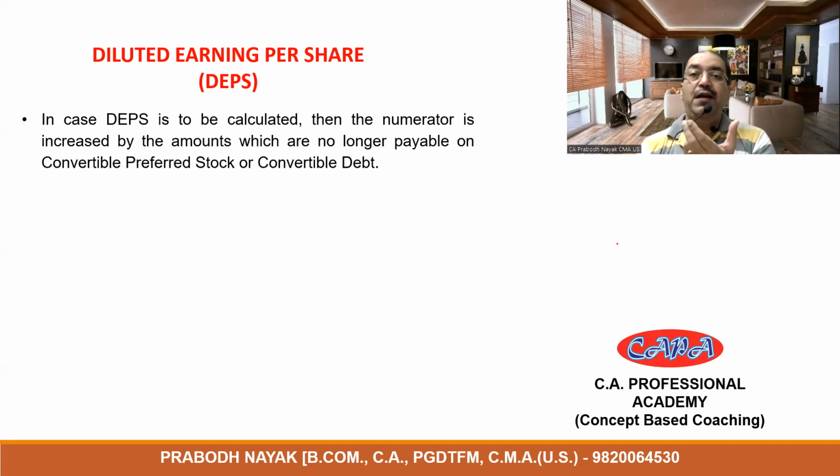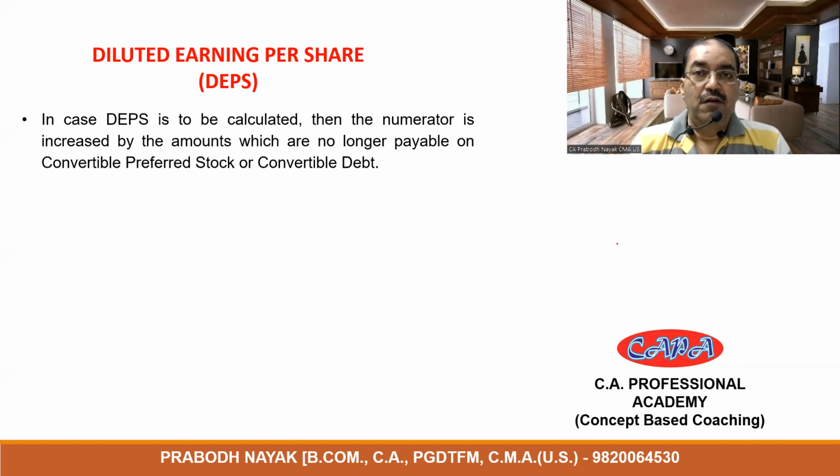So the denominator of that formula for basic EPS that we are calculating increases. Now you must have learned in ratios that when the denominator increases, the ratio decreases. But at the same time, the numerator also increases because I'm converting a bond into common stock.